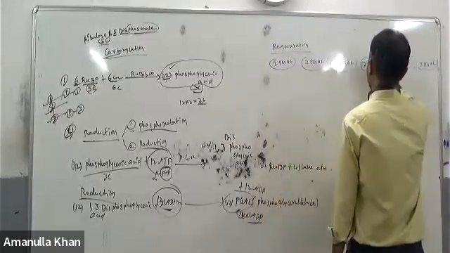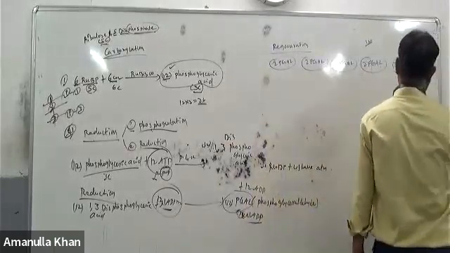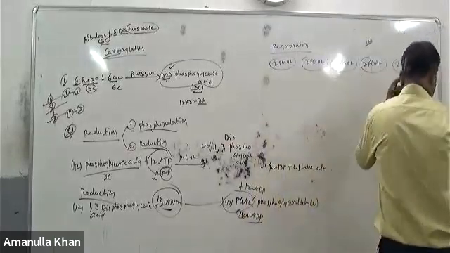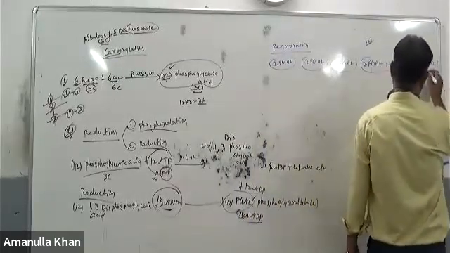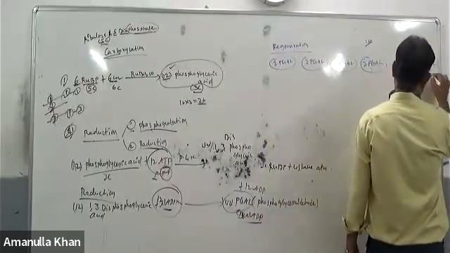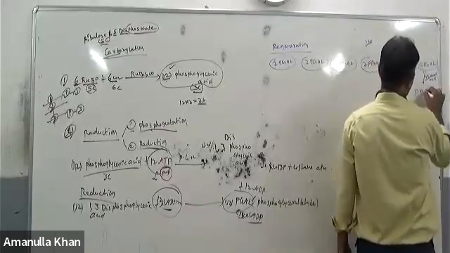Now out of 12 PGALs, this PGAL is exported into the cytoplasm of the chloroplast. First, this PGAL undergoes isomerase and is converted to dihydroxyacetone phosphate.